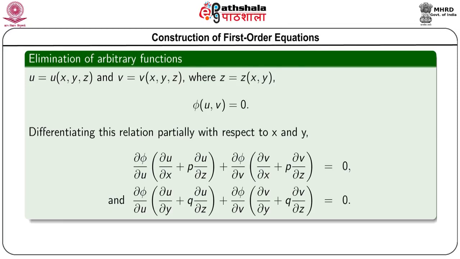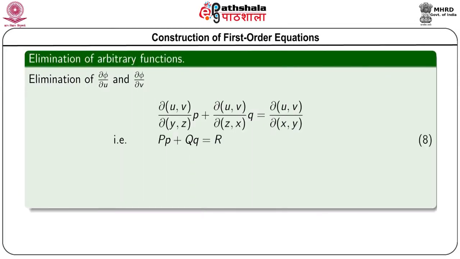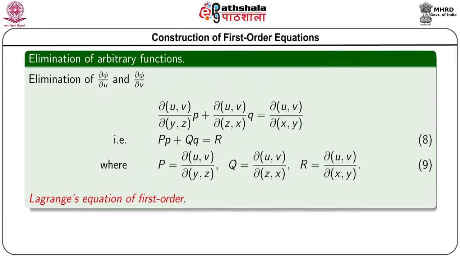Now, from these two equations, we can eliminate ∂φ/∂u and ∂φ/∂v to get a relation of the form ∂(u,v)/∂(y,z) p + ∂(u,v)/∂(z,x) q = ∂(u,v)/∂(x,y), or in other words Pp + Qq = R, where P, Q, R have the expressions which are written in equation number 9.